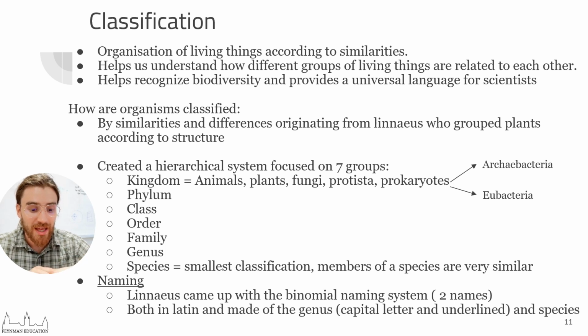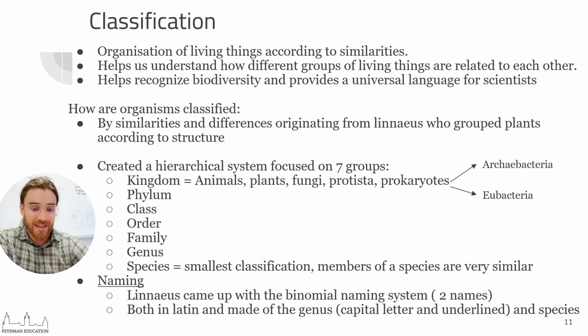The species is the smallest classification, and the members are very specific according to that group. Whereas kingdom is obviously a very broad term. Is it an animal? It could be multiple different types of animals. Species refers to one type of a certain individual, a certain genus, a certain species.